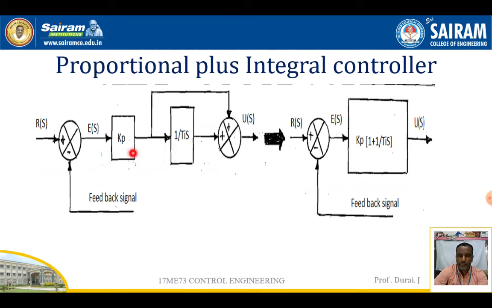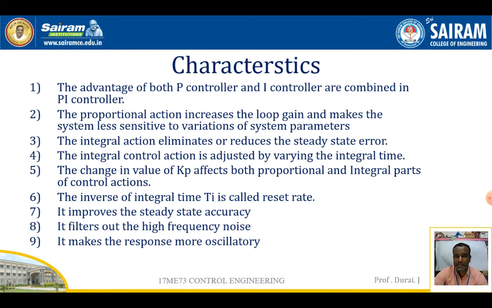Then it has to be transformed like this: U(s) by E(s), the error signal, is Kp into 1 plus 1 by Ti s. This is called the transfer function. With the help of this transfer function, the control output is produced in the proportional plus integral controller.